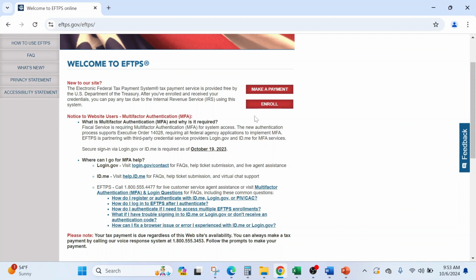But once you do that, you will be able to log into your account and make deposits via EFT through the EFTPS system.